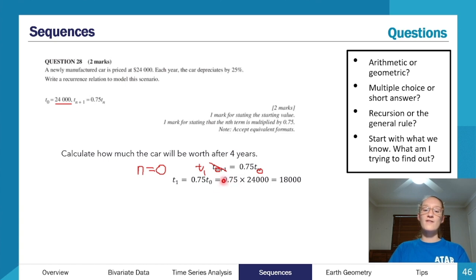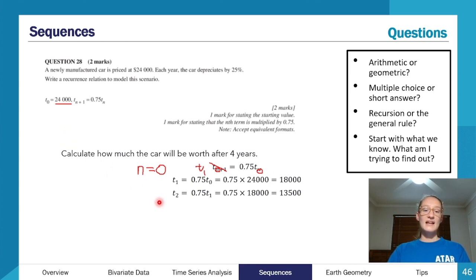So what's 25% less of $24,000? Well, that's $18,000. So now we know that after 1 year has passed, our car has depreciated by 25%, and we can say its new value is $18,000. Awesome. Now we're going to say let n equal 1.